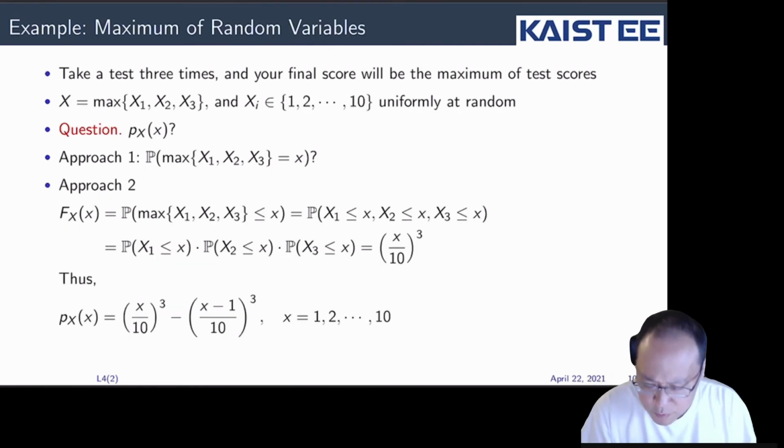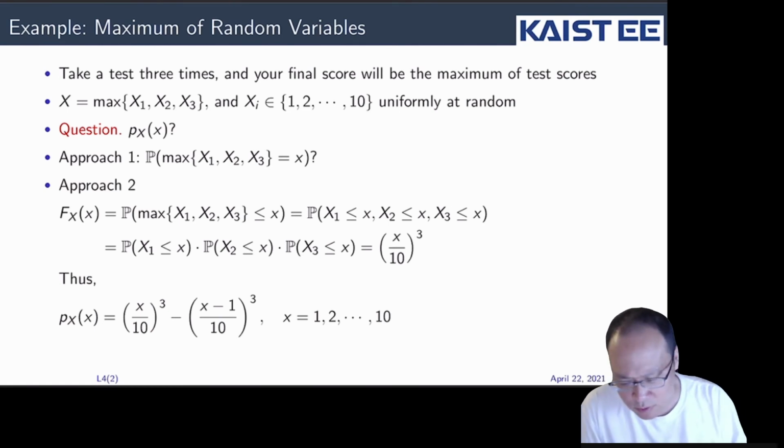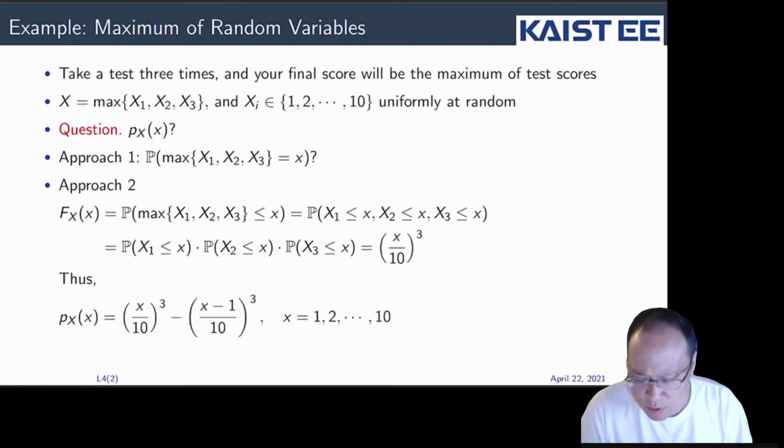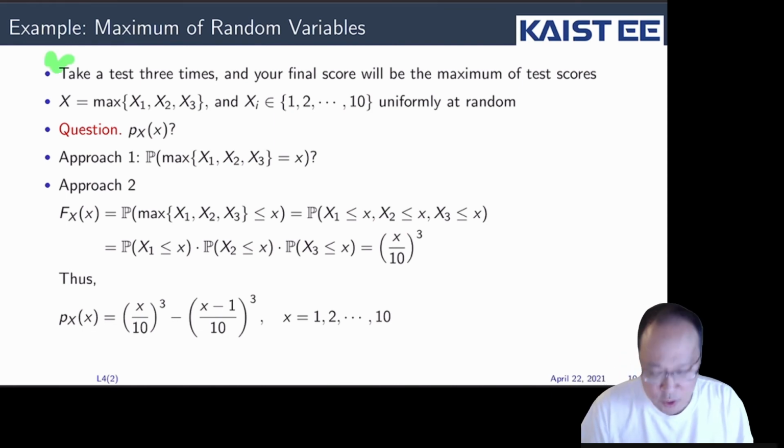Okay, an example of using the CDF. This example is about the distribution of the maximum of random variables. Here's a scenario. Suppose that we take a test 3 times. We get 3 scores, and your final score will be the maximum of those 3 test scores.